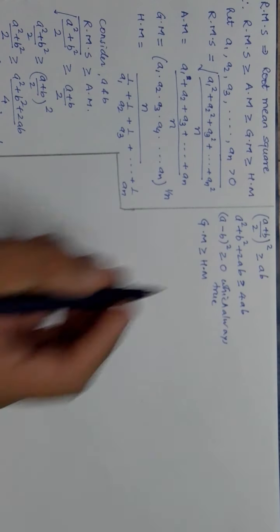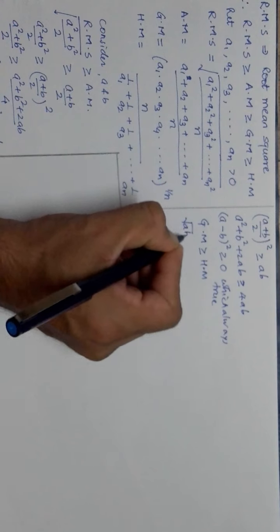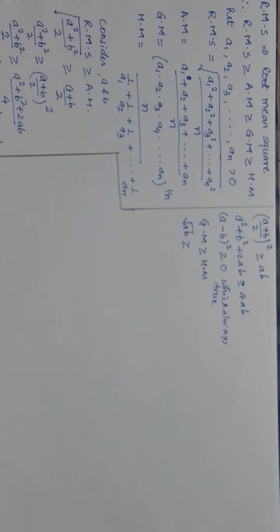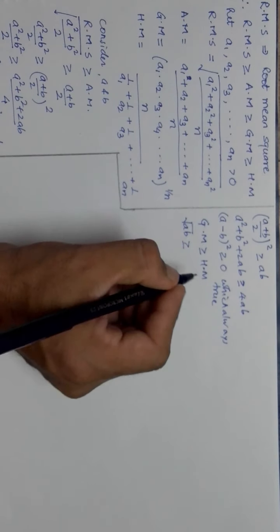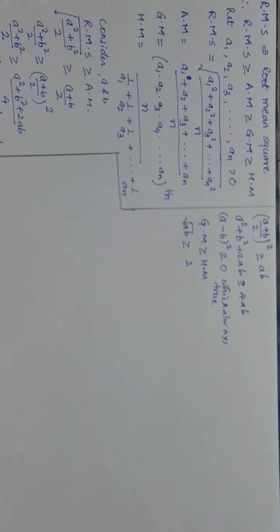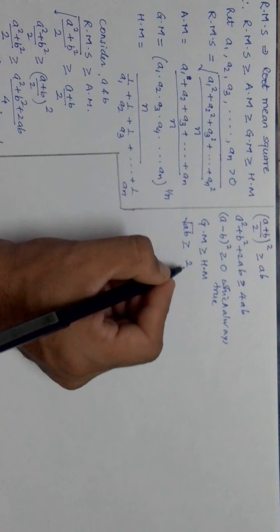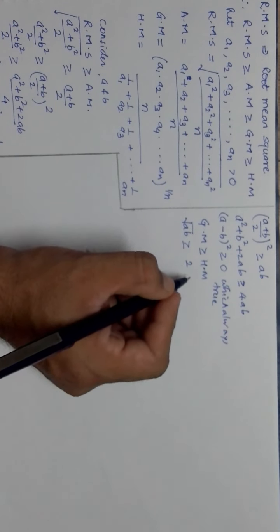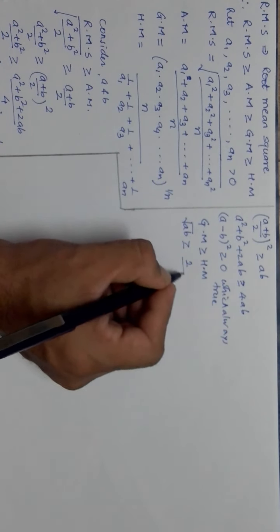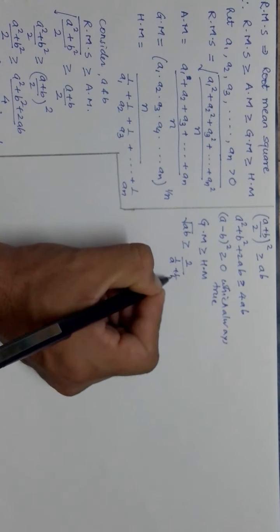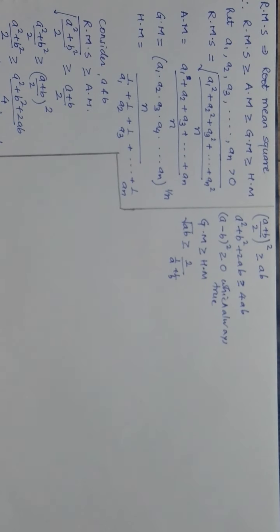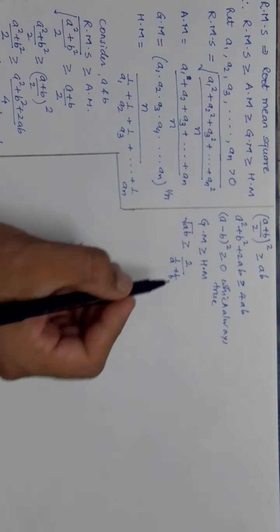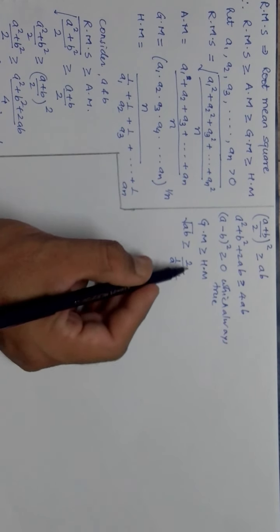Now geometric mean already is known to you as under root ab for two numbers is greater than equal to harmonic mean. So harmonic mean is equal to n. N is here 2, right? Two numbers are there upon 1 by a, this which I was saying now, that I will show you how it is, 2 upon 1 by a plus 1 by b. So which I said already 2ab upon a plus b, right? So when you cross multiply, you will get here b plus a and this 2ab.